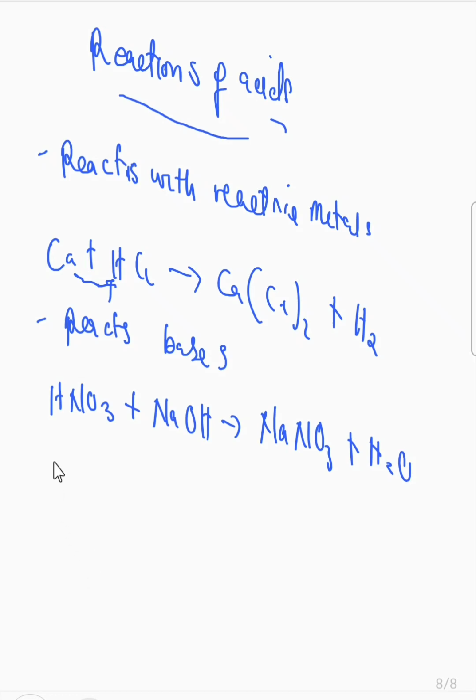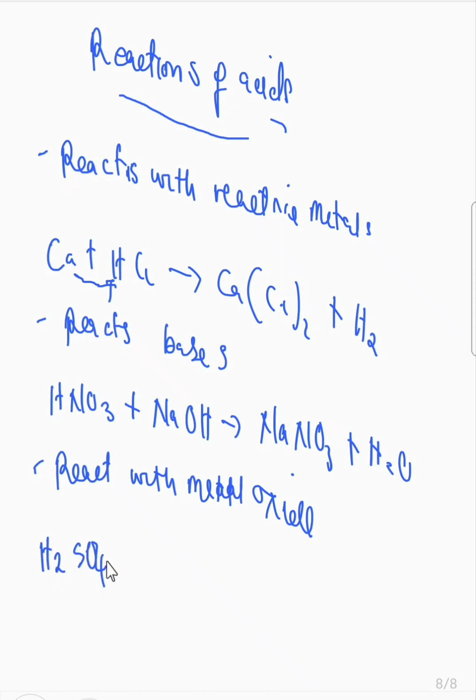So acids react with bases to produce a metal salt and water. Now acids also react with metal oxides. What are the products? The product is similar to when an acid reacts with a base or alkali, so it's a metal salt and water as well. Let's say sulfuric acid, H2SO4, plus calcium oxide.